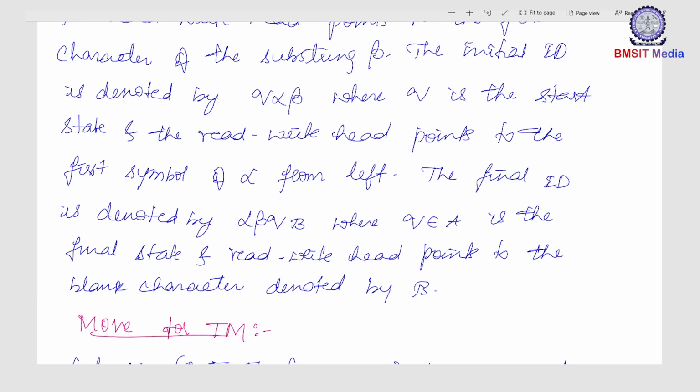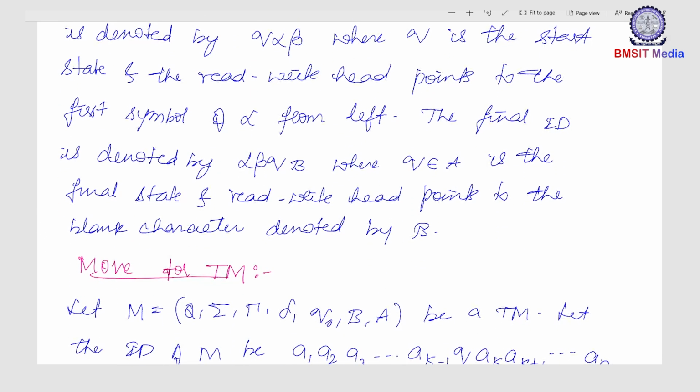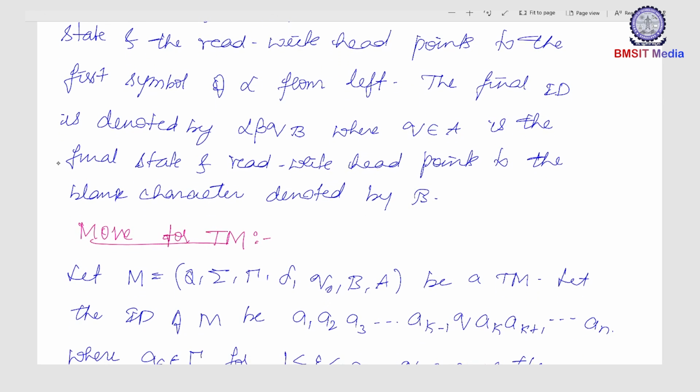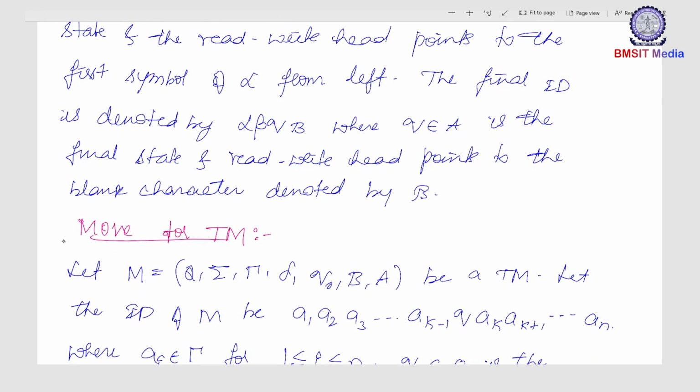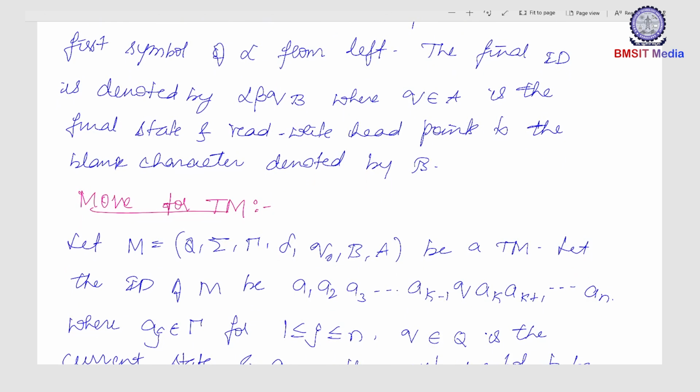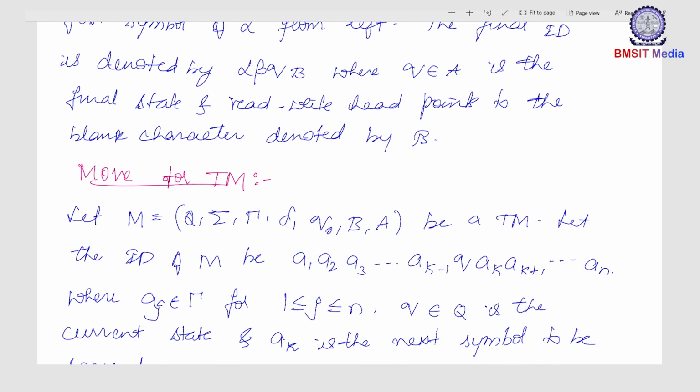The initial ID is denoted by q naught alpha beta. It means if alpha beta is the string, q is the current state, so q is the start state and the read-write head points to the first symbol of alpha from the left. The final ID is denoted by alpha beta q blank, where q belongs to A, the final state, and the read-write head points to the blank character denoted by B.